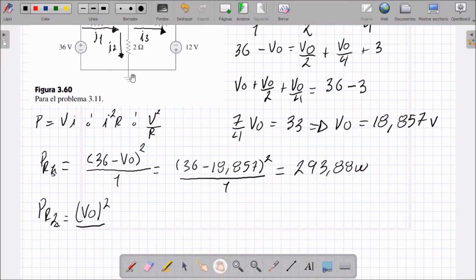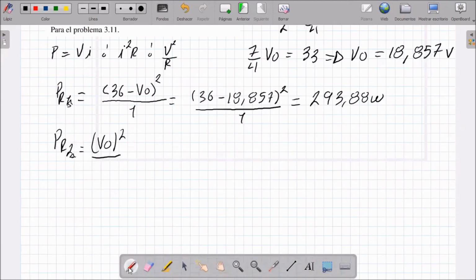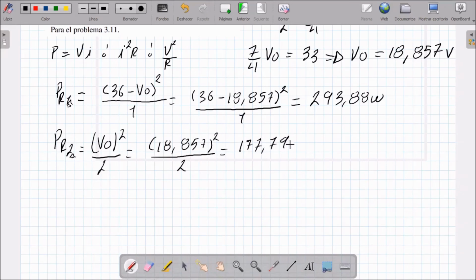Note that here V0 would be over 2. Equal to 18.857 squared over 2, which gives 177.7 watts.